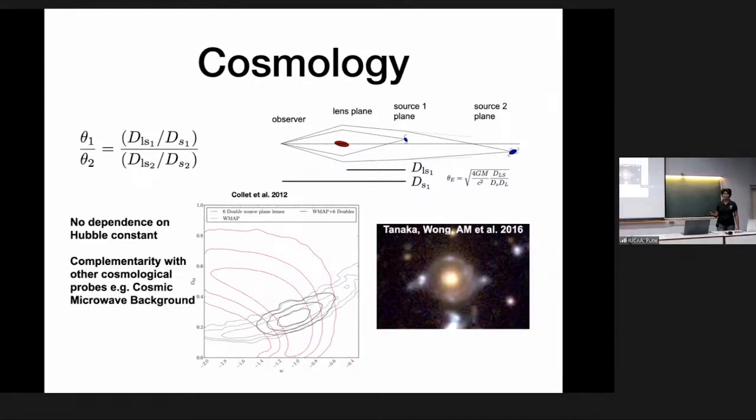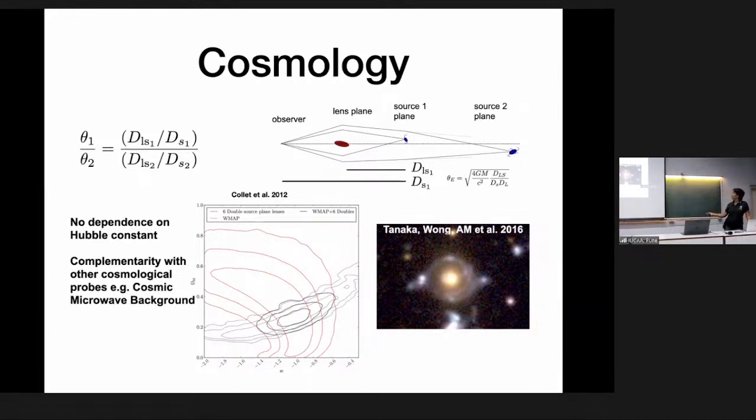With the help of these measurements of these two Einstein rings, we can constrain the cosmological parameters through these distance ratios which enter into the calculation. And what we find is that there is no dependence on the Hubble constant, but instead we can constrain other cosmological parameters like the dark energy equation of state and omega matter. So this in the red, what we are showing is from a mock sample of a few lens systems, how the cosmological constraints will look like.